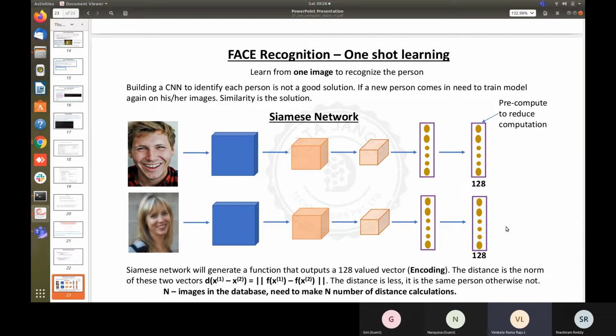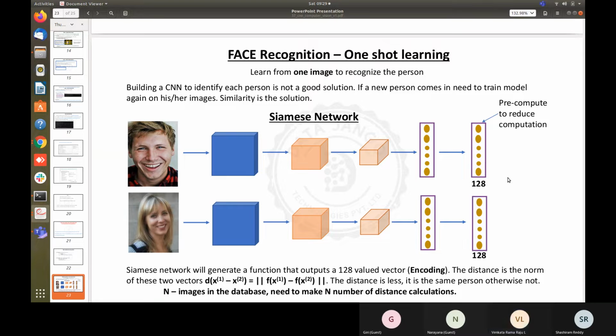Now I came and stood in front of the camera. The camera will take my picture and pass it to this network and generate this 128 vector and check against the database: the Euclidean distance between this new 128-dimensional vector and the 4 vectors. If it finds the closest vector, it says the person belongs to the organization. If not, it is not going to do it.